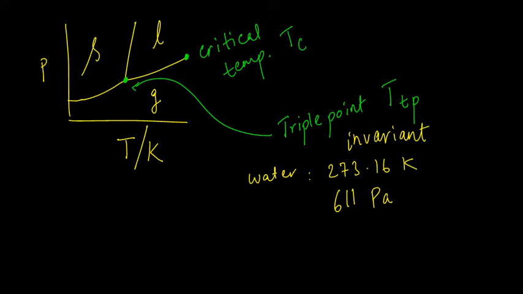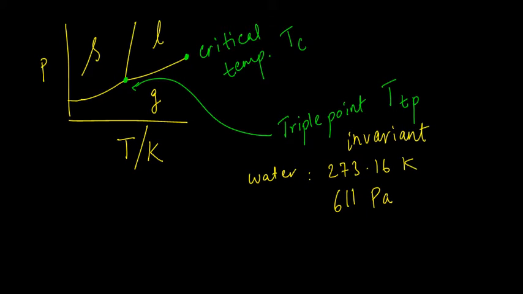You could even think of the gaseous phase, for example. If I want to remain in the gaseous phase, how many degrees of freedom do I have? Degrees of freedom means how many variables can I change at will? I can vary two variables.